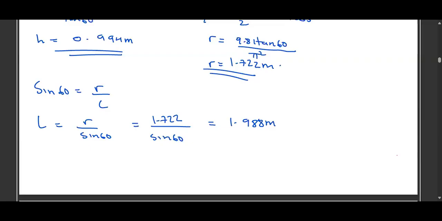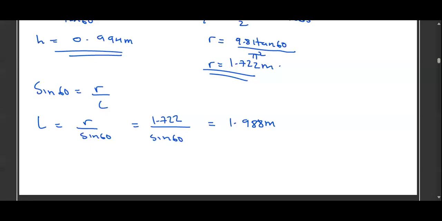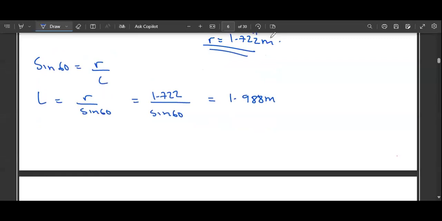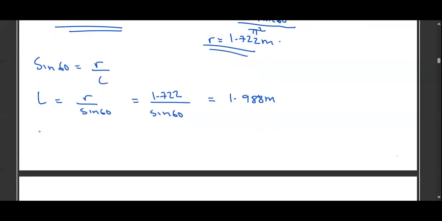Then they want us to come up with the velocity of the mass attached to the string. Remember that our velocity v is given by omega r. But our omega is pi times 1.722.